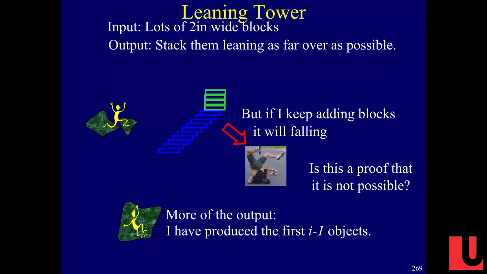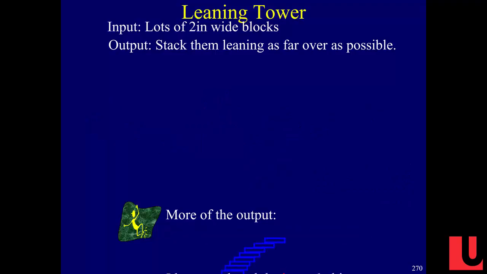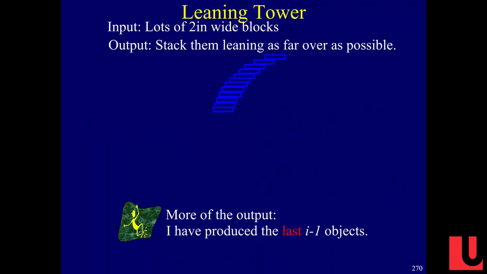And so working towards that, we're going to turn things around. We're going to still do more of the output, but we're going to build it from the top. So our loop invariant will be that we've stacked something up like this already, and that it doesn't fall over, and we've made some progress.